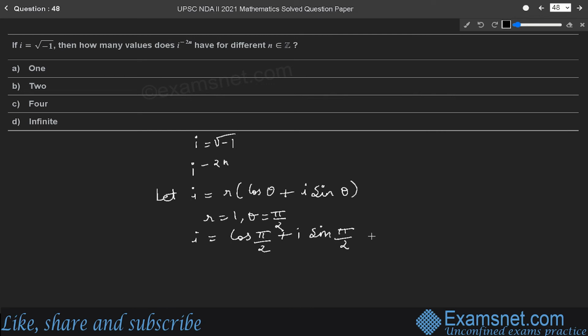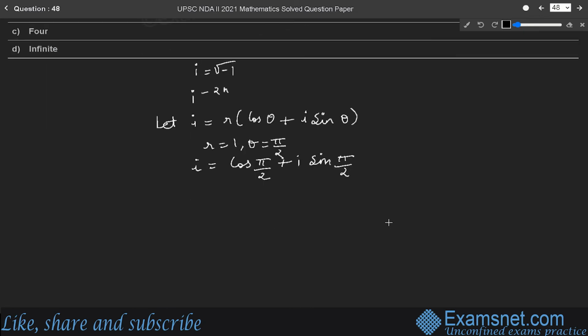Now, this is the value of i, but we are talking about i to the power minus 2n. So, i to the power minus 2n will be equal to cos pi by 2 plus i sin pi by 2, whole power minus 2n, because it is the value for i to the power minus 2n.